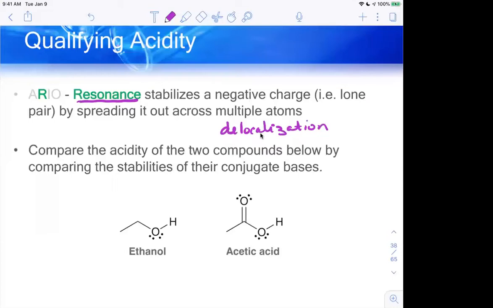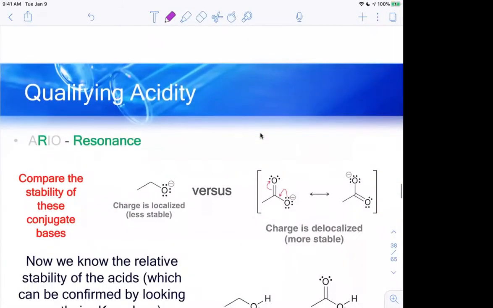So let's look at these two. If I look at ethanol versus acetic acid, what I want to do is compare the stabilities of their conjugate bases. So the first thing you have to draw is the conjugate base of those two substances.